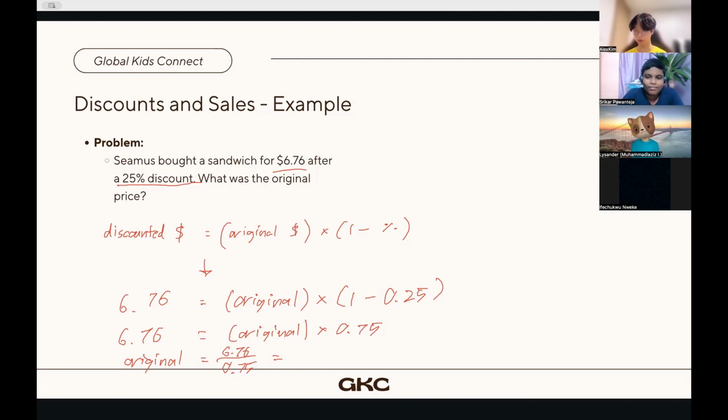we get a value of 9.013. Most of the time, SAT questions won't result in a very complex decimal answer as in this case, but there are certain rare cases where it does. When that happens, just make sure to plug in the number of decimal places that the problem states.